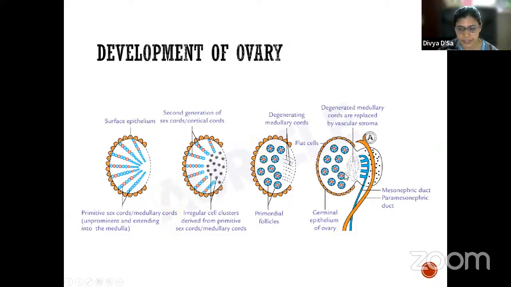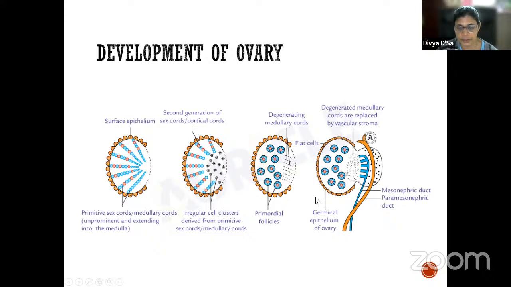And the surface epithelium of the ovary now gets flattened. It forms a single layer of cells that is continuous with the peritoneum near the hilum of the ovary. And this layer of cells we call the germinal epithelium. Though it doesn't contribute later on to form any new cells, we still call it that because of its earlier function.